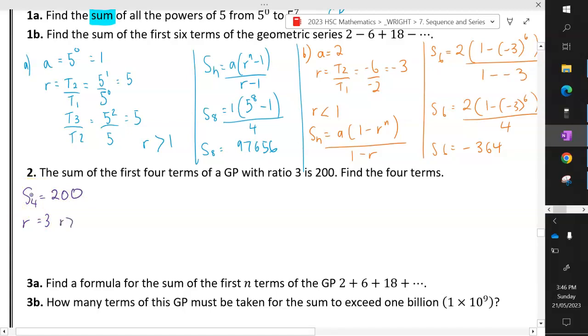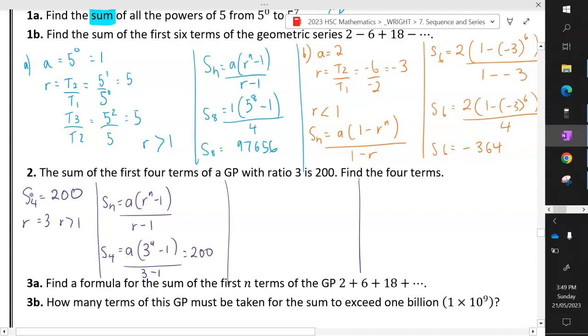Our R is greater than 1, so the formula that we want to use is sum to n, A, R to the n minus 1, all over R minus 1. Let's put in what we know. That sum to 4, which is A, times 3 to the 4 minus 1, all over 3 minus 1, is equal to 200. So that would mean that A times 3 to the 4 minus 1 all over 2 equals 200.